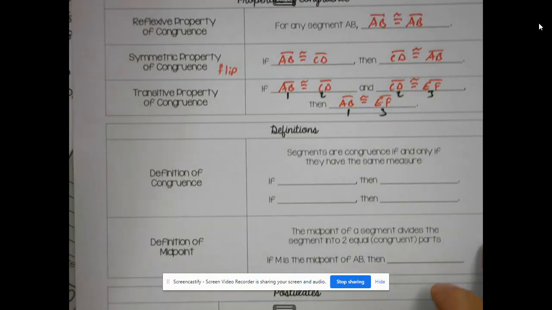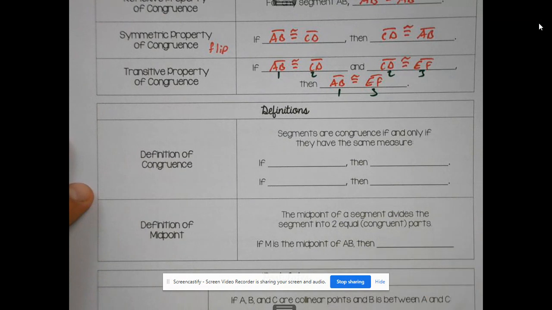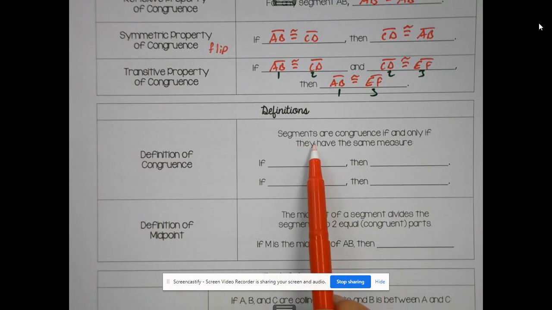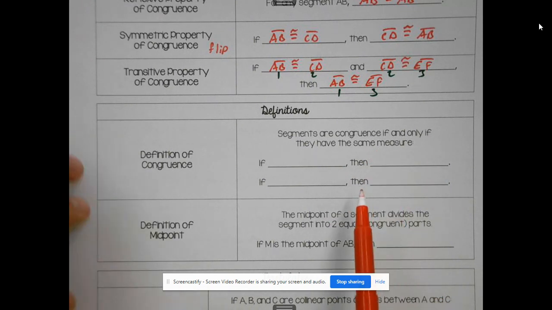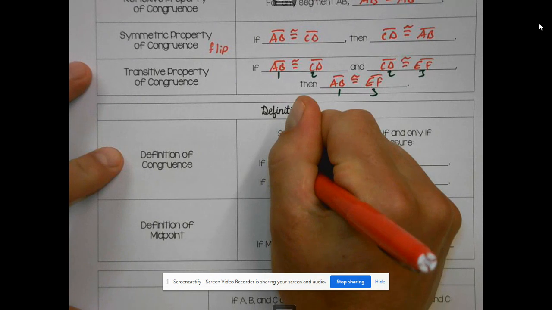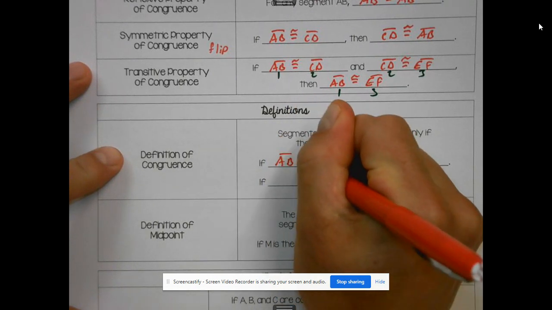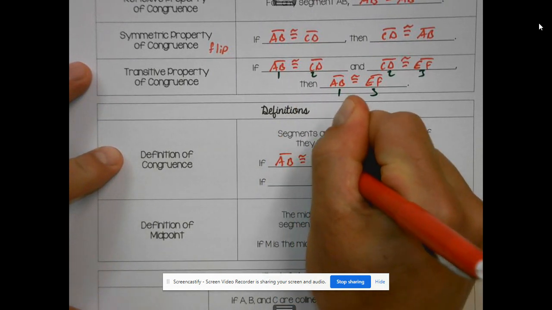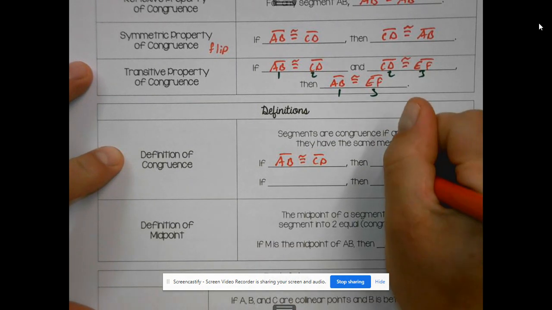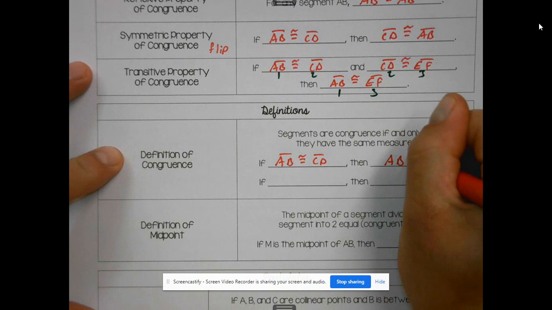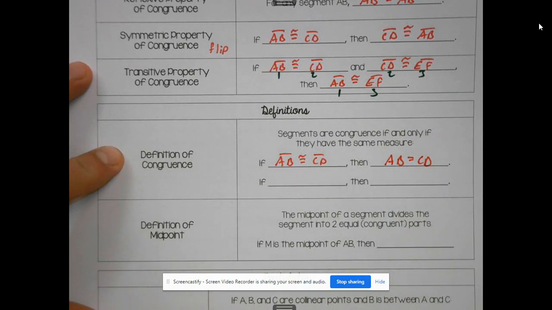All right, definition of congruence. Segments are congruent if and only if they have the same measure. Basically, if segment AB is congruent to segment CD, then I can say, since the measurements are the same, they are now going to be equal. AB is equal to CD.